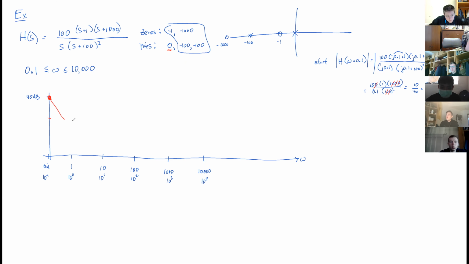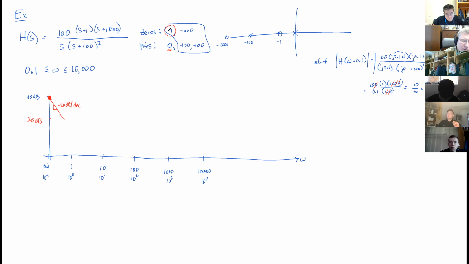Since there's only one pole at 0, it'll go down by minus 20 dB per decade. So after 1 decade, it'll be at 20 dB. And is there anything that we're hitting at 1? Yeah, we're hitting this guy at 1.